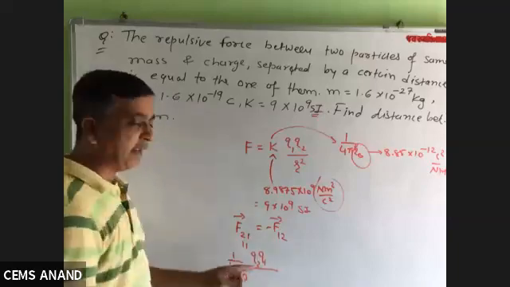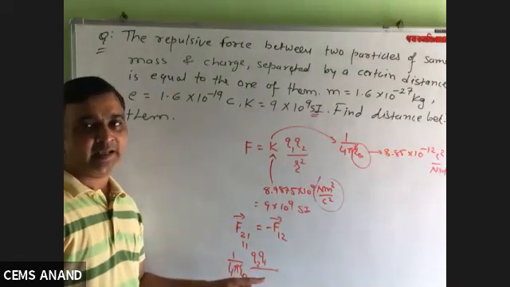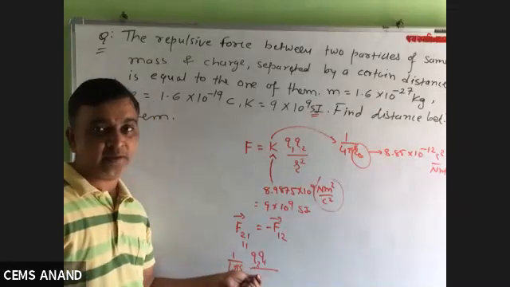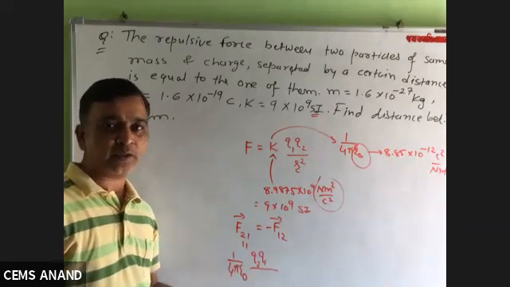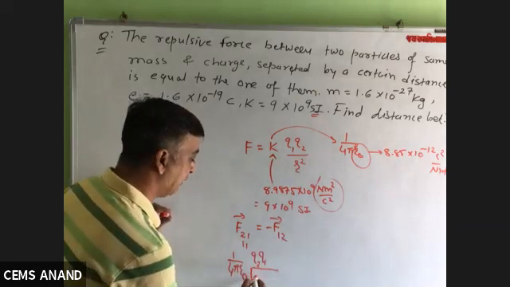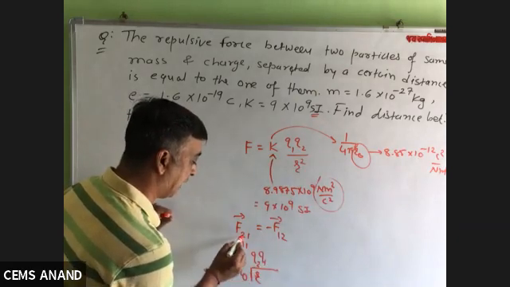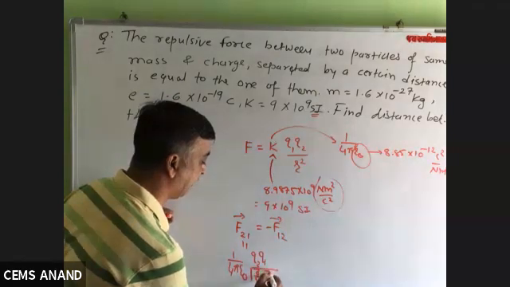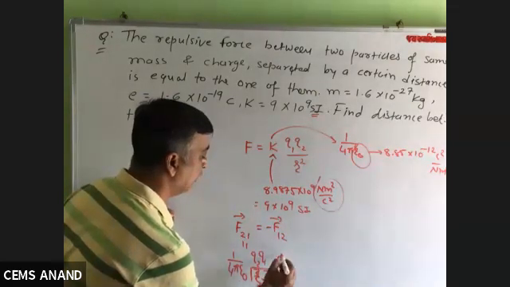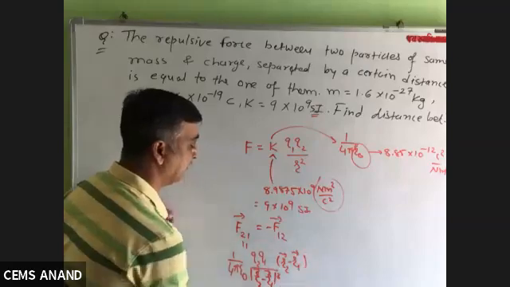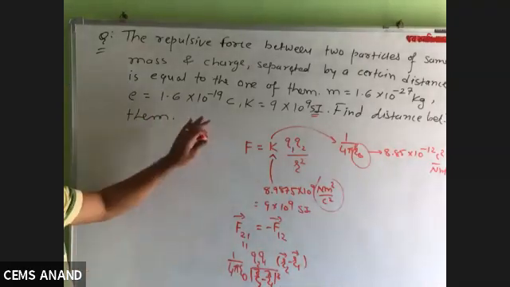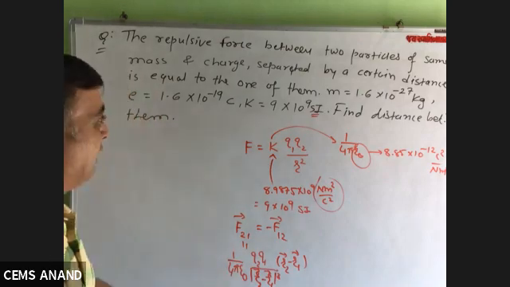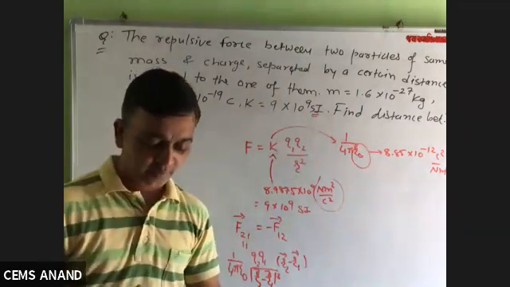I mentioned that the product need not be written only like this. We can write Q1 Q2 as well. But here, R2 minus R1 cube into R2 minus R1 is mandatory. Right. So, by using this knowledge of Coulomb's law, today we are going to solve some problems based on Coulomb's law.